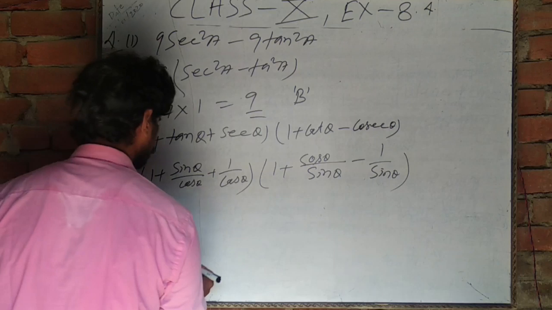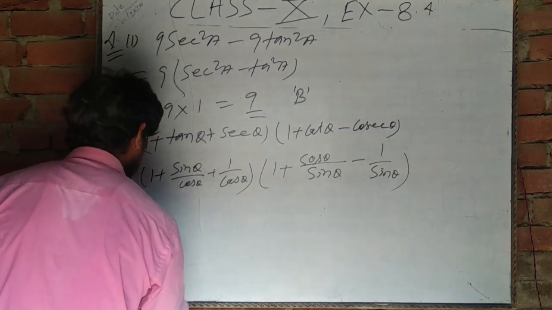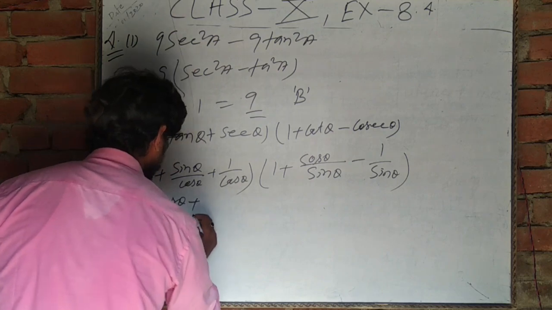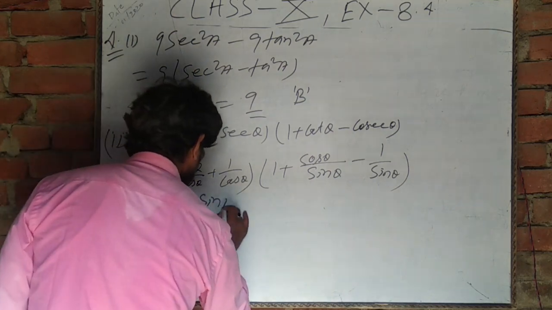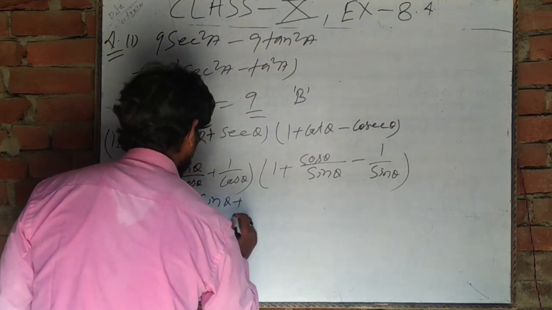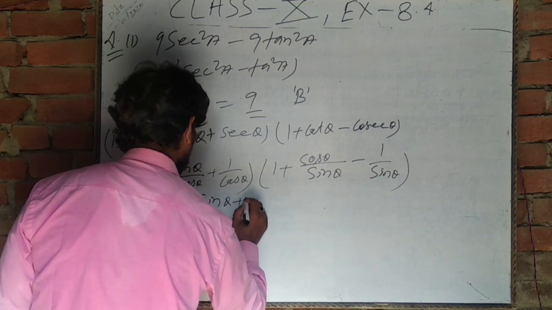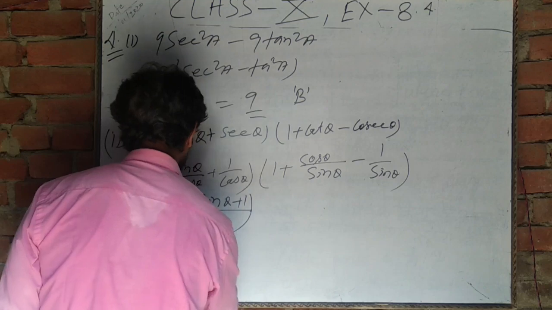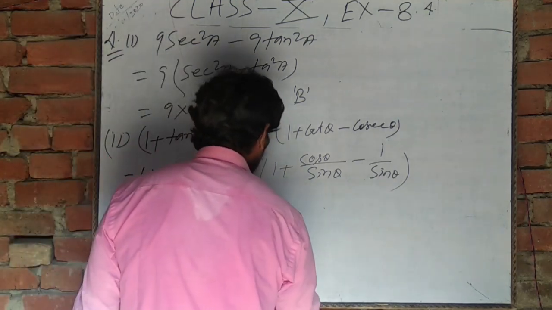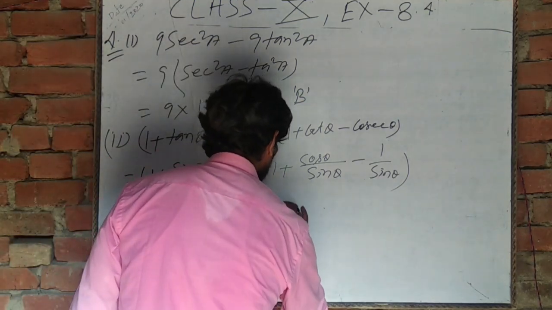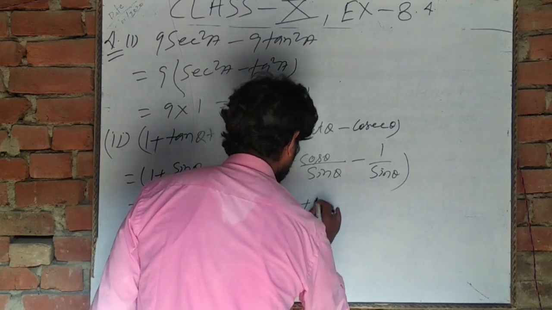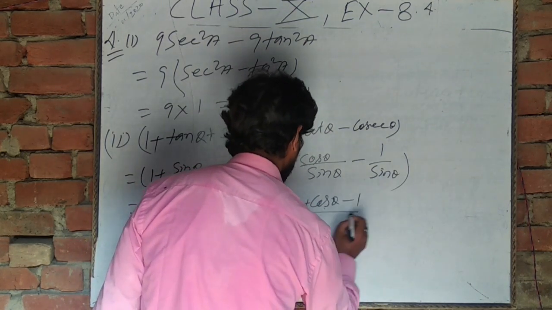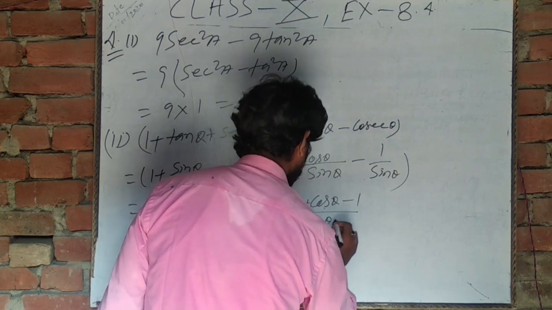We will take cos as LCM. Cos theta plus sin theta plus 1 by cos theta into sin theta plus cos theta minus 1 by sin theta.